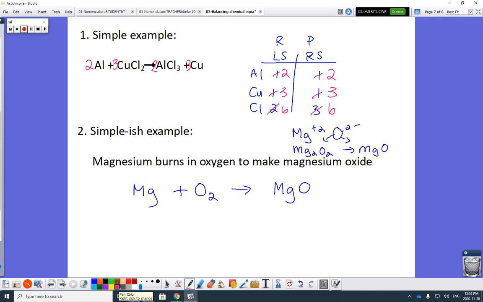So this is one that you can do probably by inspection. This is one where you can use a fraction, but you don't need to. So here we have 2. We need 2 over here, which means we need a 2 there. Done. You can make your chart, you can make columns, you can do whatever you want.